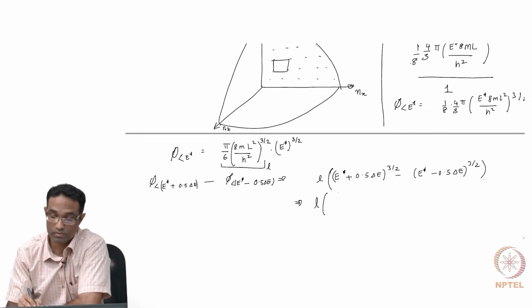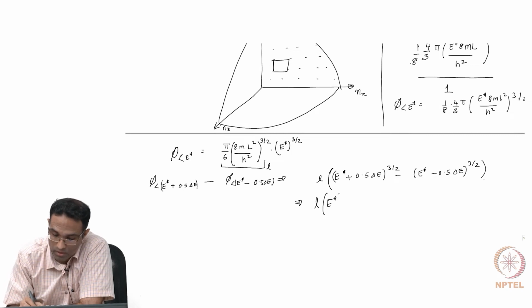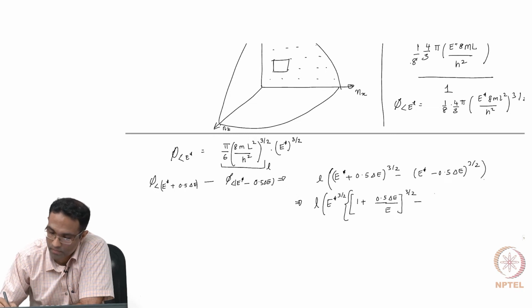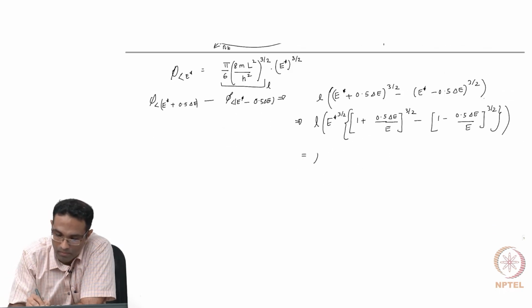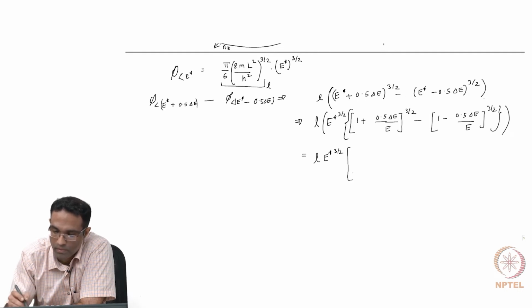Now you just take this E star to the 3 by 2 outside, 1 plus 0. You can expand this.